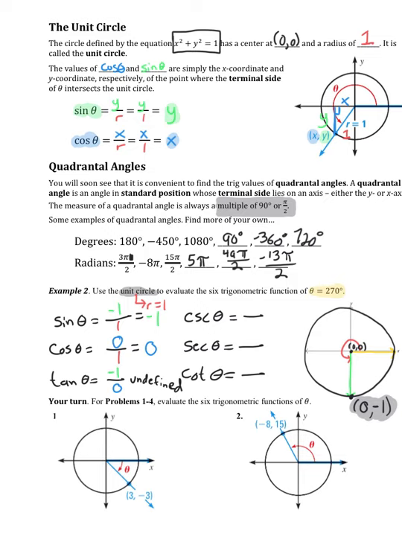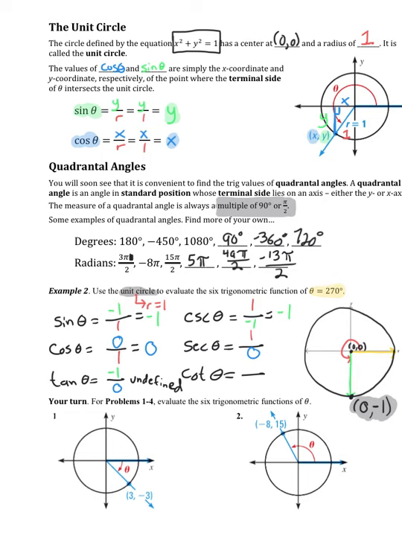And then for reciprocal identities, I could just flip them over. This one's going to be a 1 over negative 1. So cosecant is also going to be a negative 1 here in this situation when I do the division. Secant is 1 over 0.